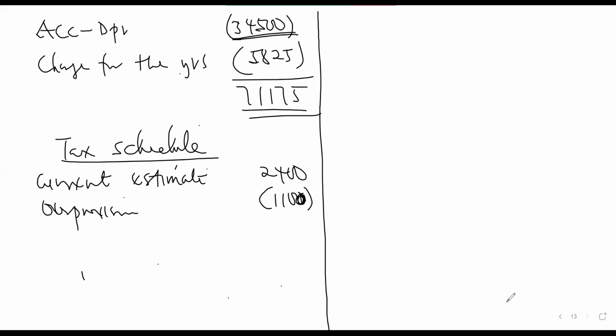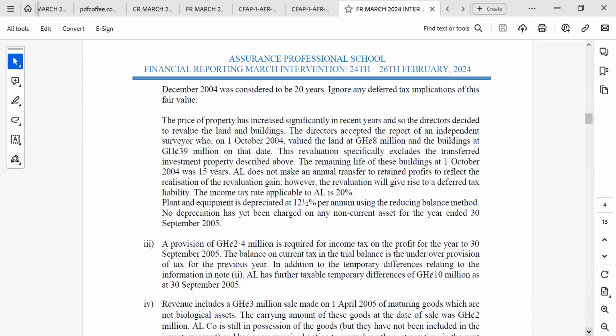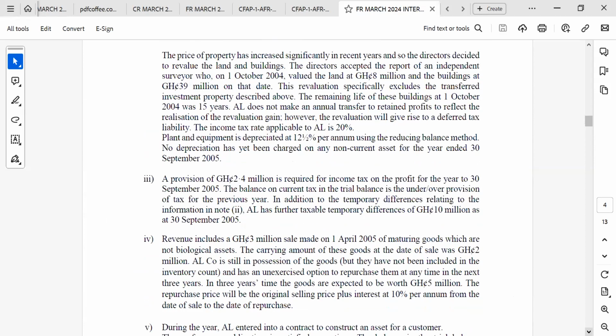They are talking about something over here. They are talking about deferred tax. The deferred tax over here is only relating to profit or loss items. They are saying that in addition to the temporary difference relating to the information in note 2, so it means that there is a different temporary difference relating to the 32 million that we have gotten.